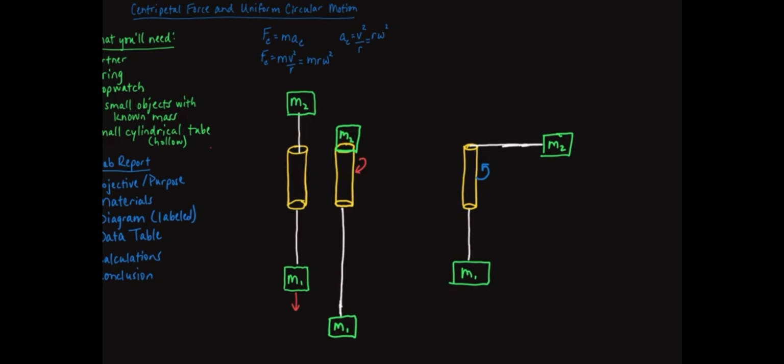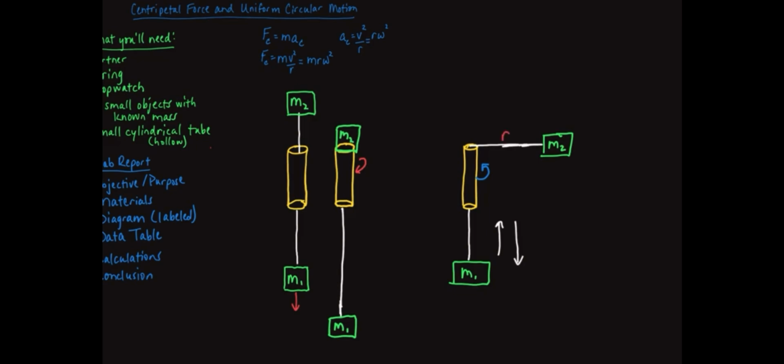If you spin M2 faster, then M1 will rise. If you slow down the rate of rotation, then M1 will lower, and you want M1 to stay at a constant height, and you want this string to stay at a constant radius.